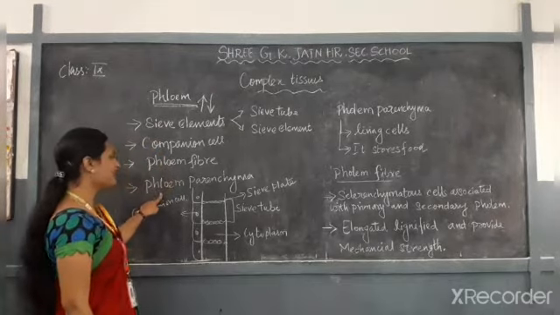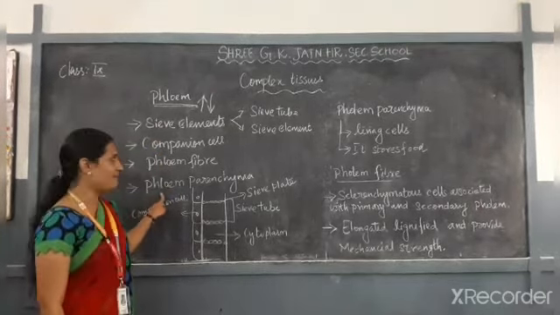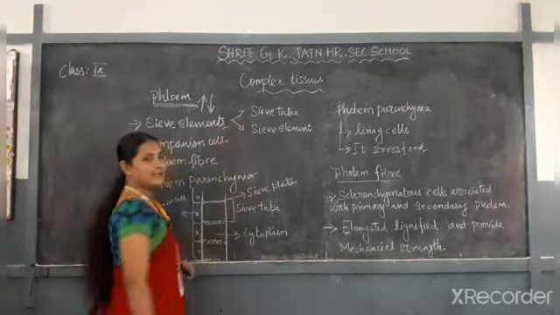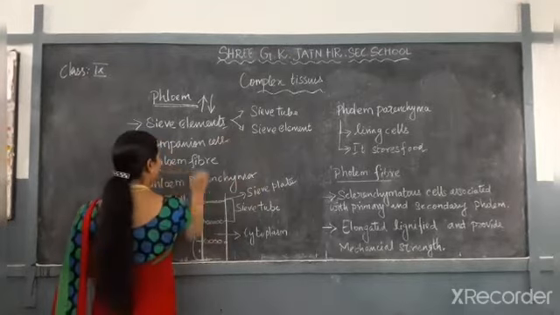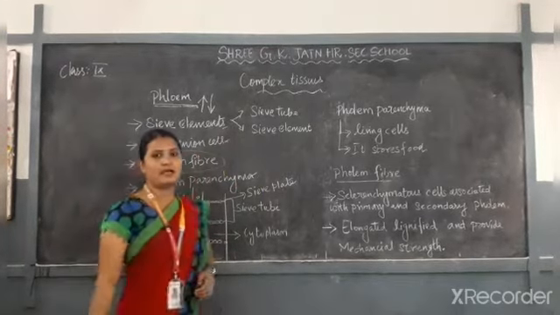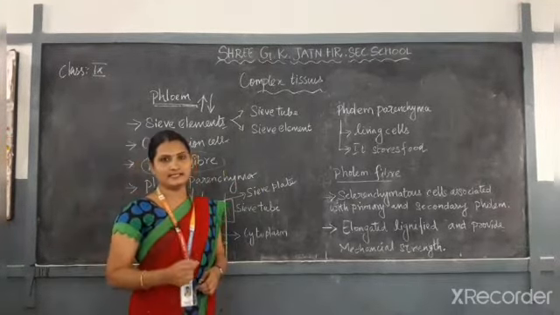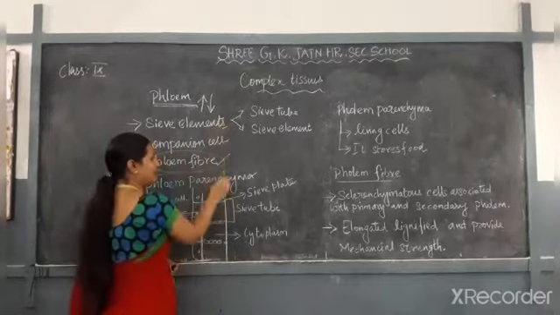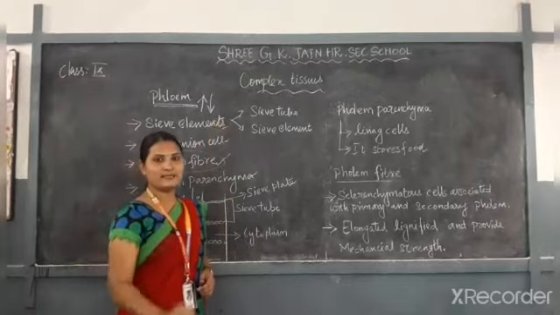Then the last one is the phloem parenchyma. Here all the three are living tissues, and the phloem fiber alone consists of dead cells. So except phloem fiber, all the other three tissues are living tissues.